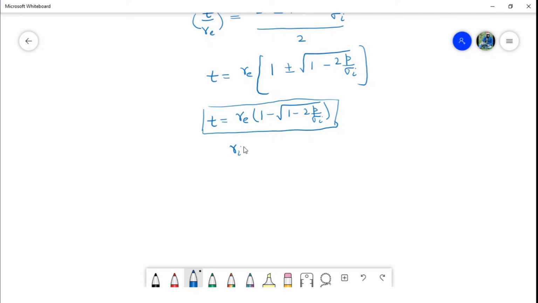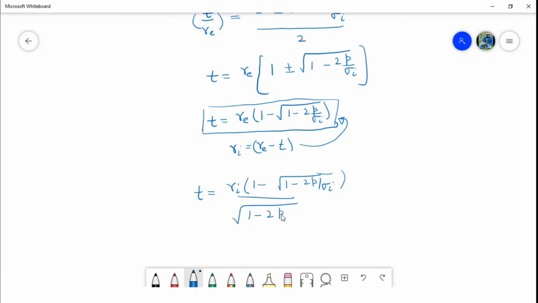So Ri is Re minus T. If you put the value over here, I'm writing it directly: t is equal to Ri times (1 over the root of 1 minus 2P over sigma I, minus 1). This is the thickness in terms of internal radius, and this is the thickness in terms of external radius.